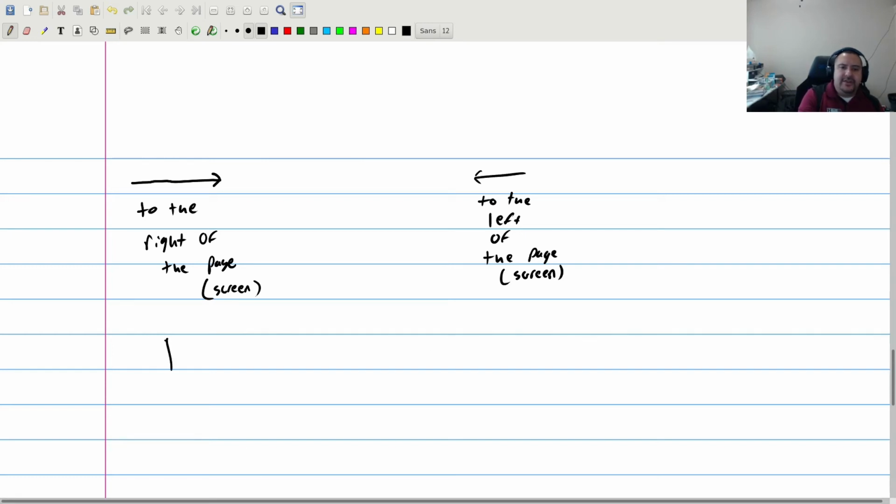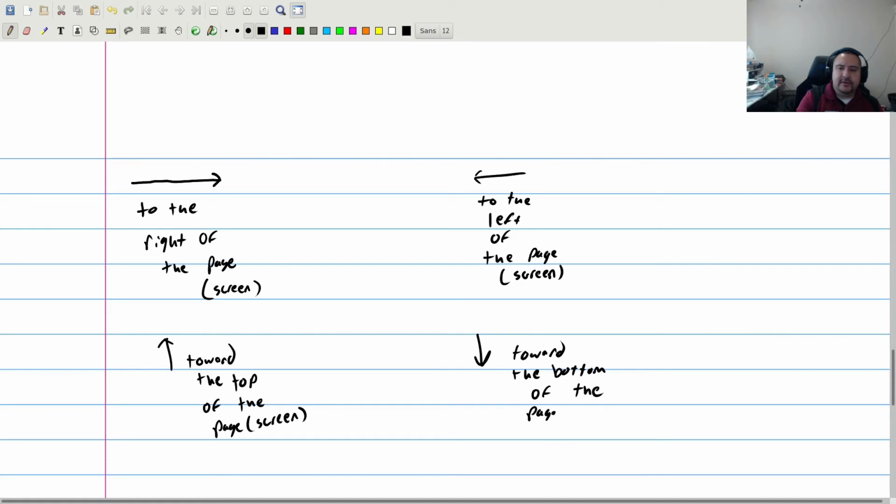I'm going to call this way toward the top of the page or screen. And let's call this way toward the bottom of the page or screen.